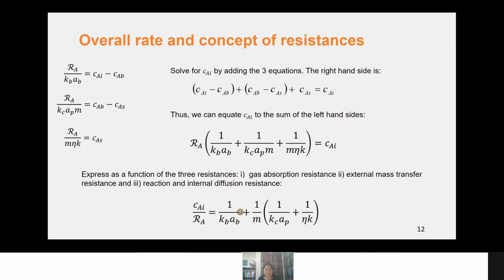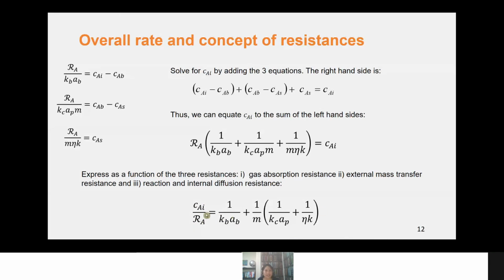The concentration of reactant A at the gas-liquid interface divided by the reaction rate, capital RA, is equal to the sum of the three resistances.